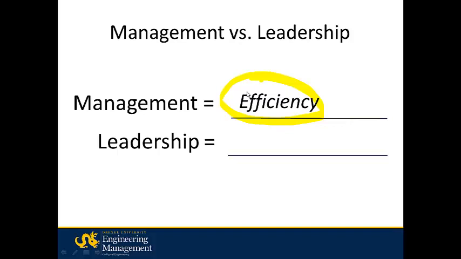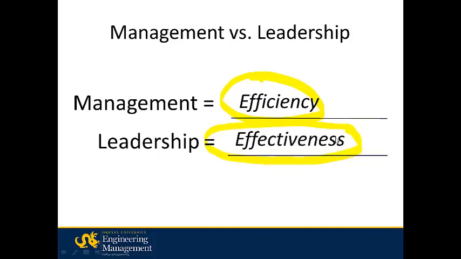And leadership is much more about effectiveness. And I say effectiveness here is that these are putting things in place so that ultimately you can see the benefit longer term. So it's doing more of the right things right.